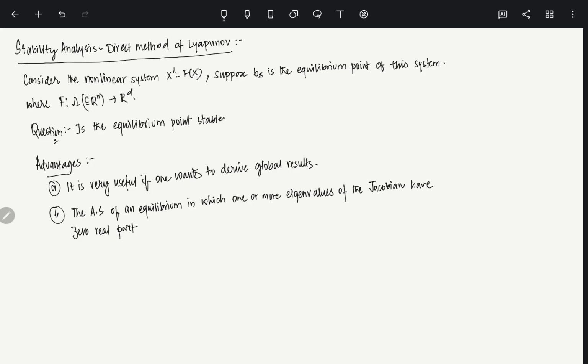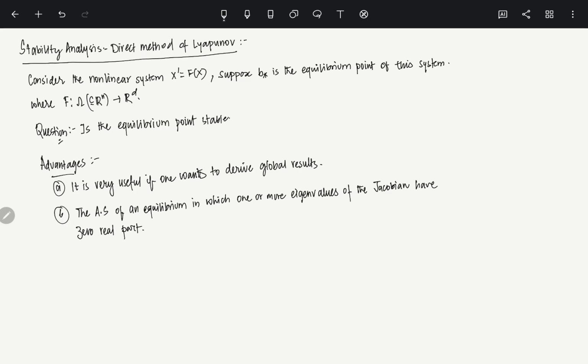In the earlier video we have seen that if you look at the Jacobian matrix and one or more eigenvalues have a zero real part, then we really can't say anything about the stability of the system. And the stable manifold theorem also does not hold.